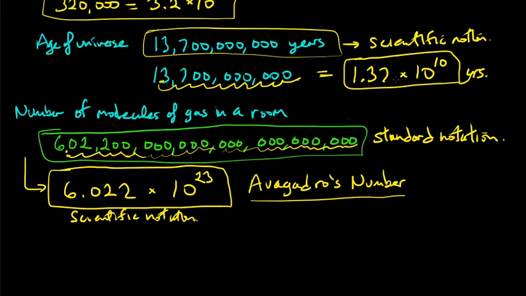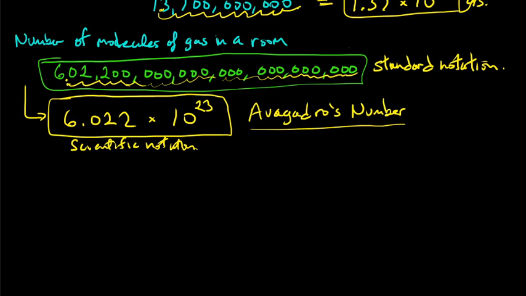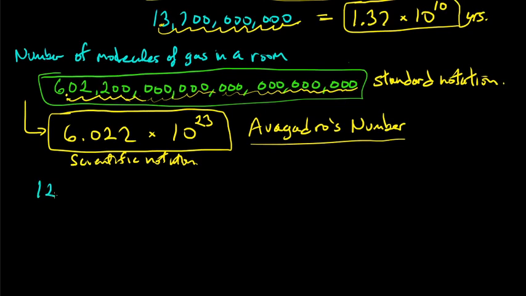Okay. Of course, it can also be used for very small numbers, right? So a typical small number, well, let's use the size of a typical coronavirus. So a typical coronavirus is about 125 nanometers.